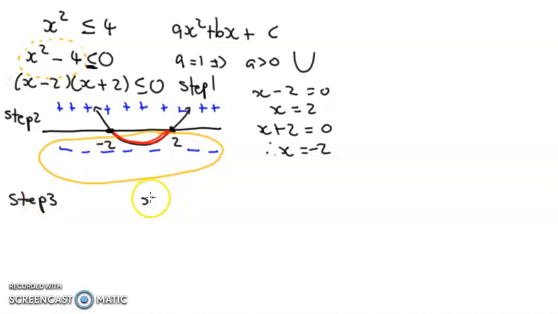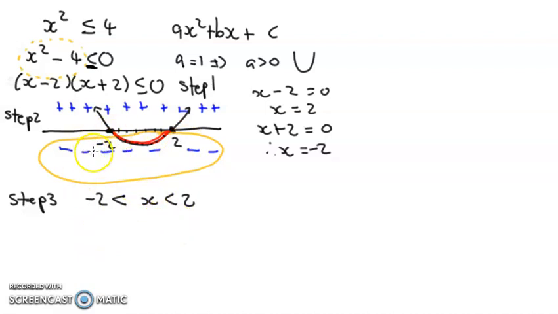The answer will be all the values that are greater than -2 and all the values that are less than positive 2. It's exactly as you say it. The answer will include all these values here. So if you were to take each and every dot here, you'd find that its corresponding x value here is any number that's found between x is equal to negative 2 and x is equal to 2. And that's how you would do it.